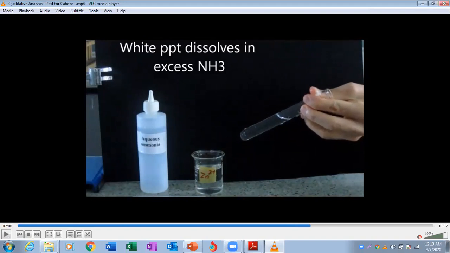But what was happening in aluminum, where the white precipitate was not dissolving in ammonia, but it was dissolving in excess sodium hydroxide. Now these are the steps. With the help of these steps and color changes, you can identify or predict what kind of cation is present in the salt solution.